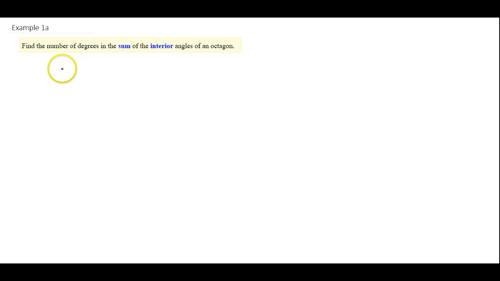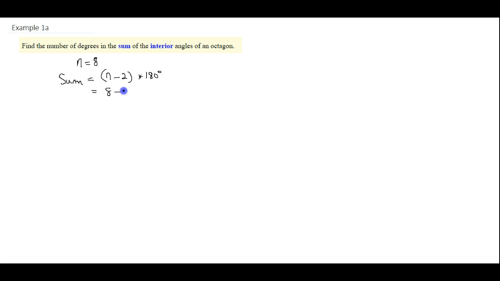Example 1a. Find the number of degrees in the sum of the interior angles of an octagon. Now, that octagon doesn't have to be a regular octagon. It can just be an 8-sided shape. But we know that in an octagon, n is equal to 8. So if I'm going to find the sum, I find the sum by taking n minus 2 multiplied by 180 degrees.